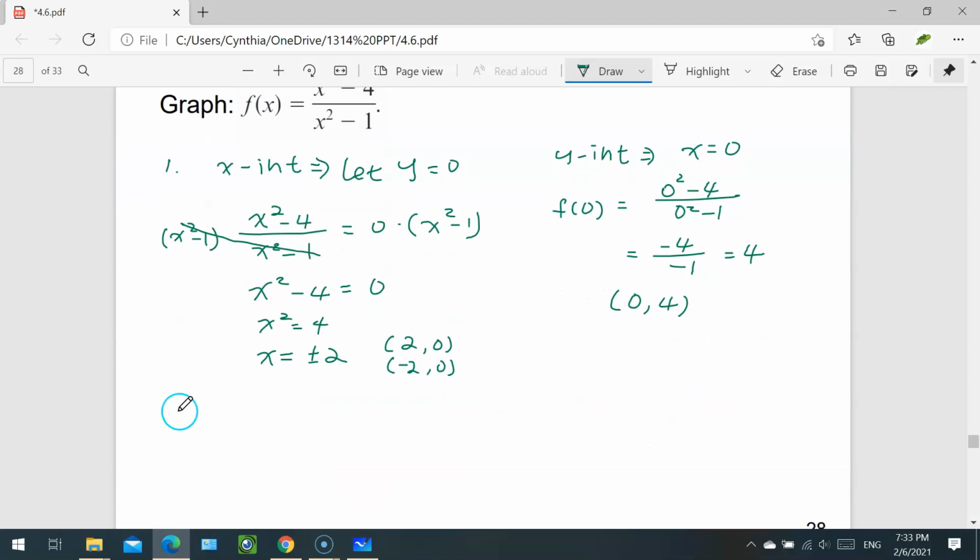Step 2, we find the vertical asymptote. Finding the vertical asymptote, we need to get the simplest form, right? Simplest form, and then we set the denominator equal to 0.